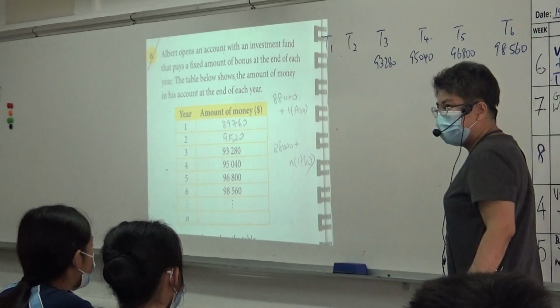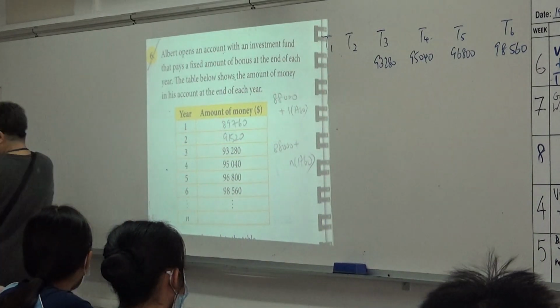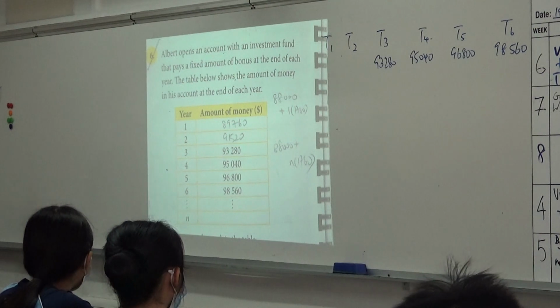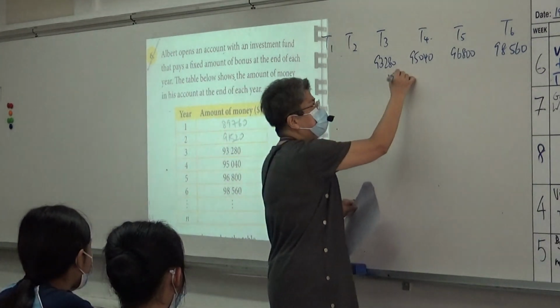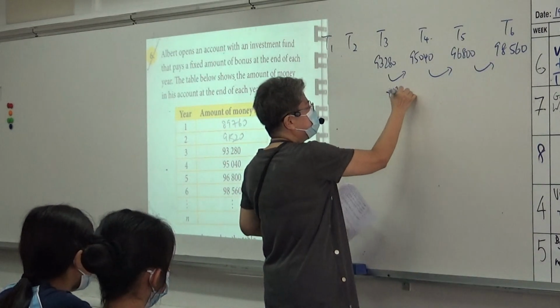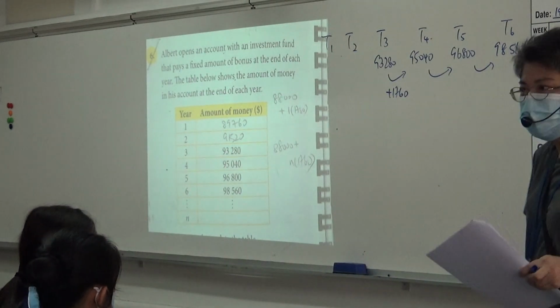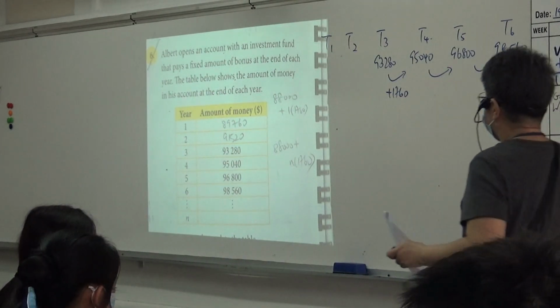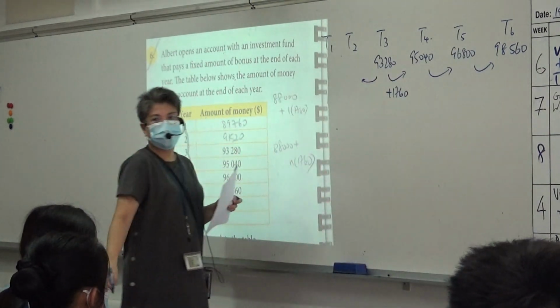98,560, right? Now, for those who have done it right, can you tell me from one term to the other, what do I add? You add 1760, right? Do you agree that you add 1760 for each term? So, how do I get this one?